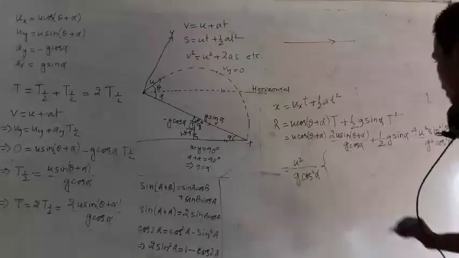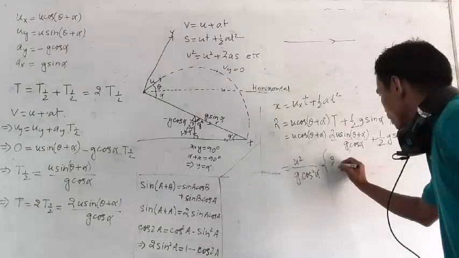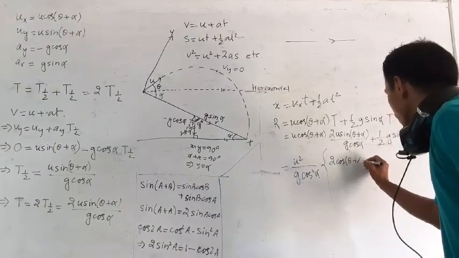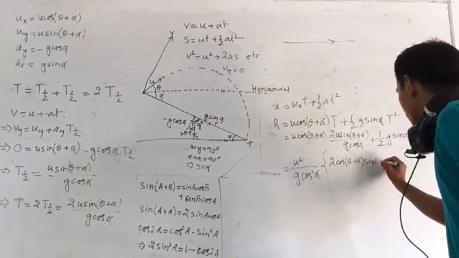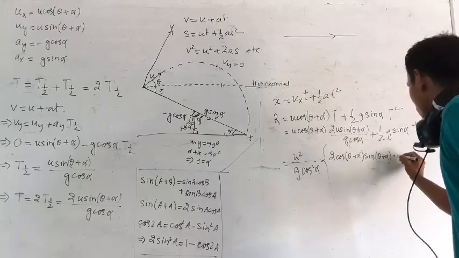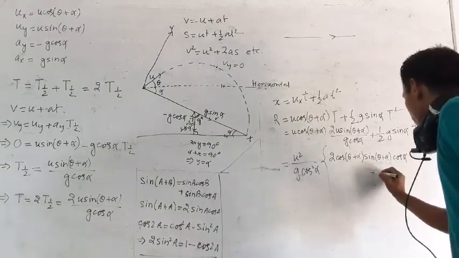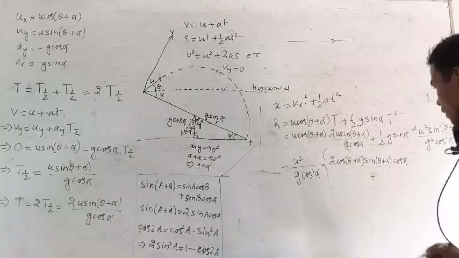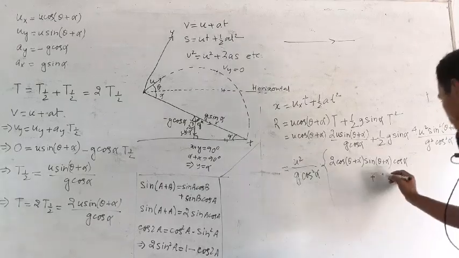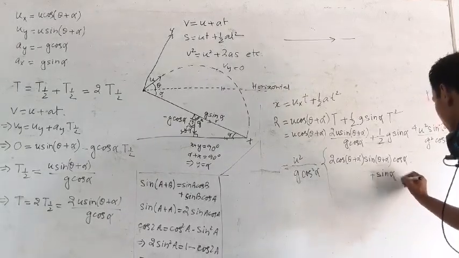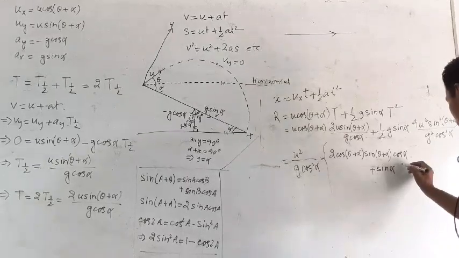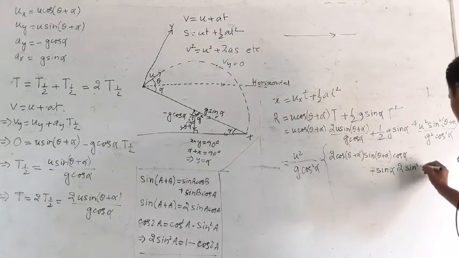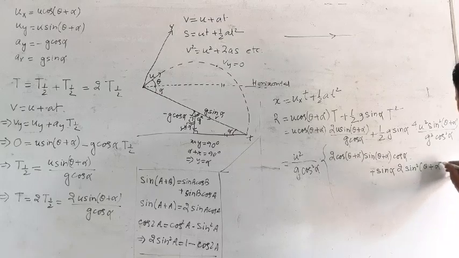What terms are remaining inside? Twice cos(θ + α) sin(θ + α) cos α, plus sin α times twice sin²(θ + α).